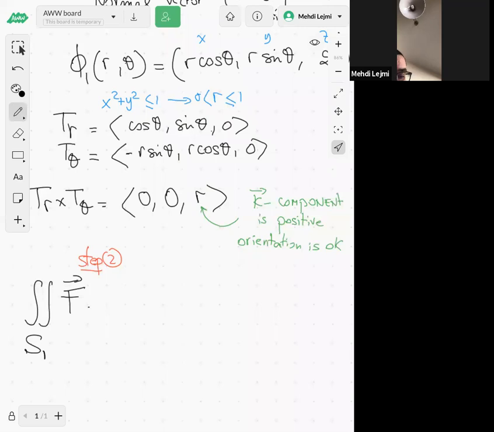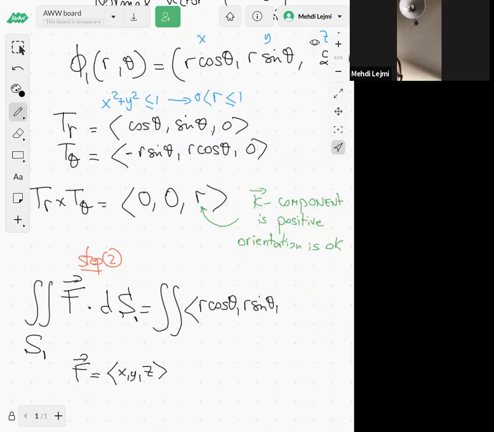So this is by definition, as you know, guys. So this is just my F. What was my F? Let me just remind you, F was just x, y, z. Along this surface S1, x is r cosine theta, y is r sine theta, and z is equal to 2.